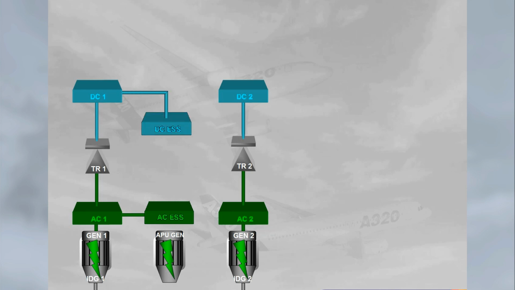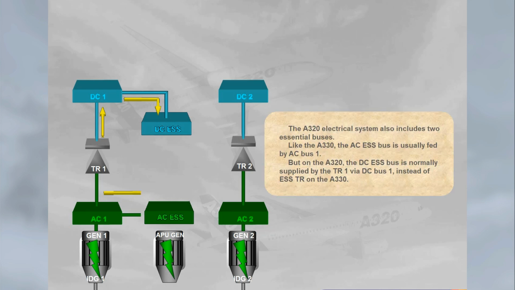Like the A330, the AC essential bus is usually fed by AC bus 1. But on the A320, the DC essential bus is normally supplied by the TR1 via DC bus 1 instead of essential TR on the A330.